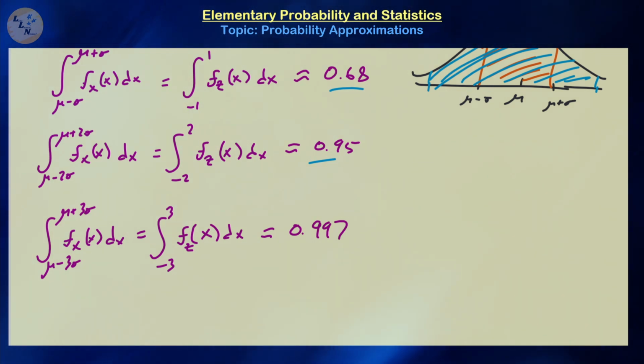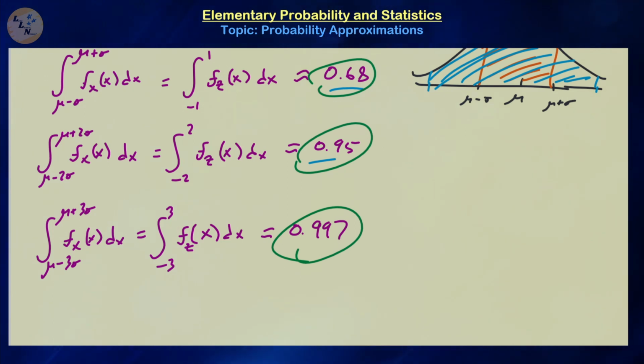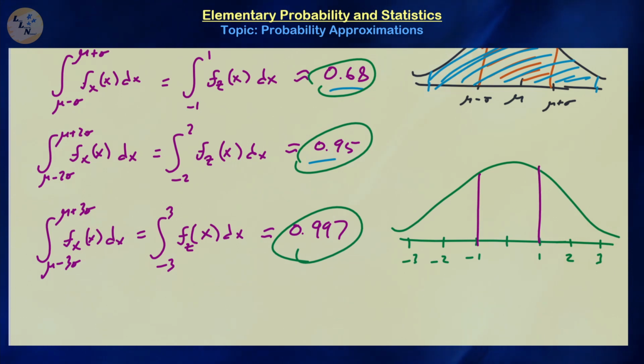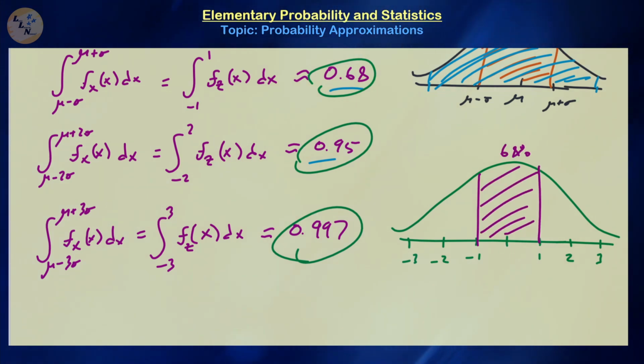So this is what we call the empirical rule. Technically it's just a little shorthand rule to memorize what percentage of the area lies between some standard deviations from the mean. Sometimes you're going to see some pictures like this, where this is minus 1 to 1, minus 2 to 2, and minus 3 to 3. So the empirical rule says this: within one standard deviation of the mean, this is going to be 68% of the data.